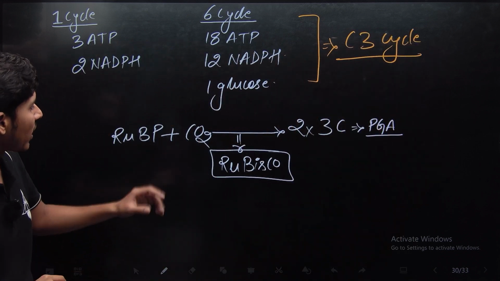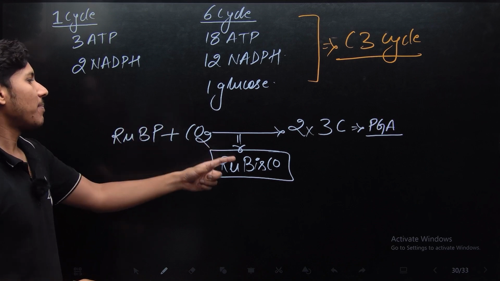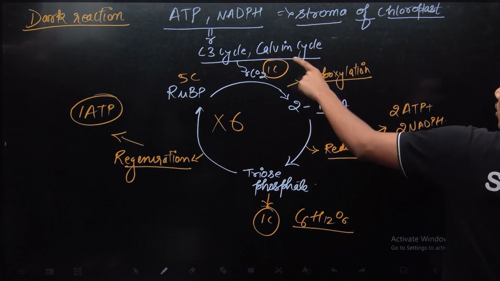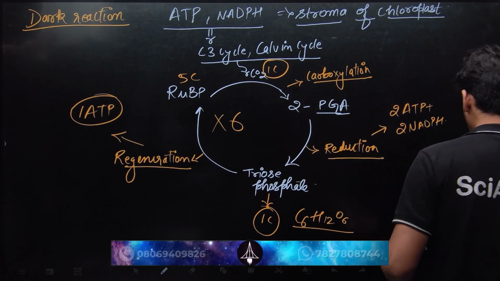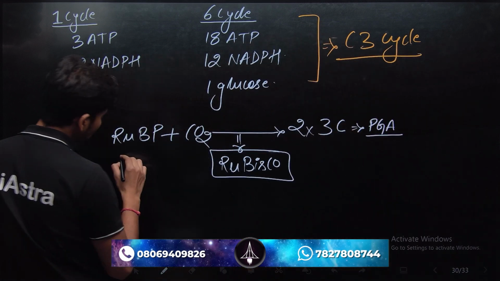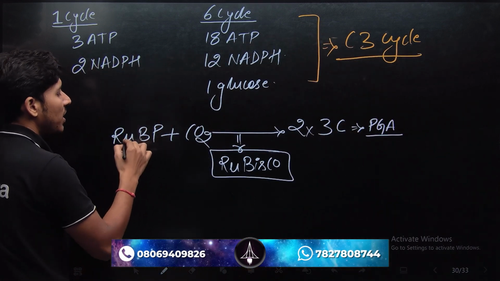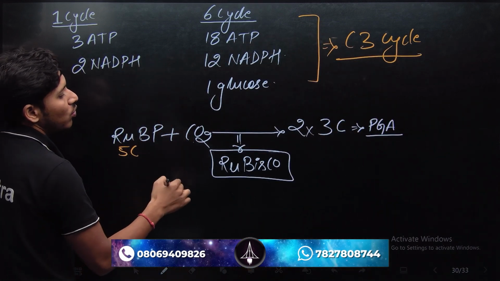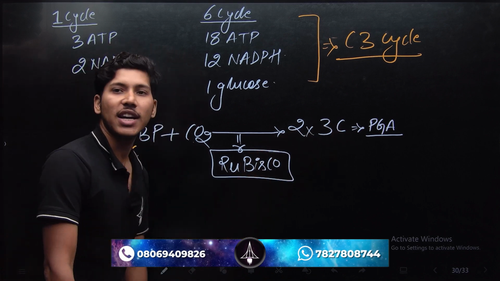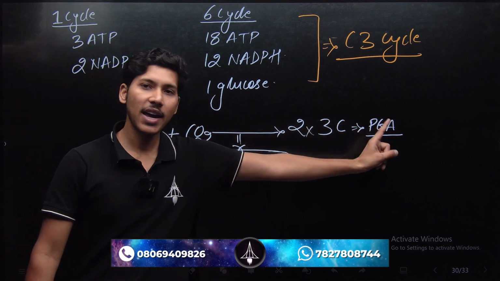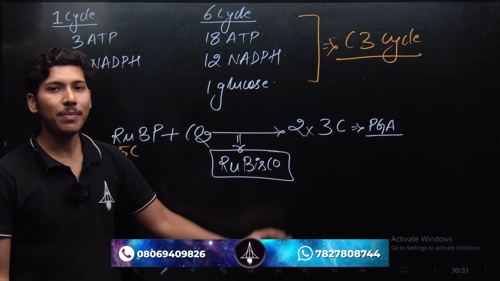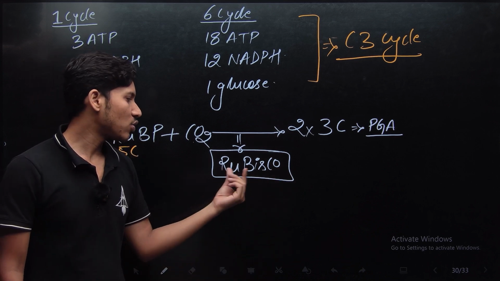Now the next thing. This step is the first step of your C3 cycle, which is the combination of a 5-carbon molecule, RuBP, ribulose bisphosphate, and CO2 to produce 2 3-carbon molecules, that is phosphoglyceric acid. This is an enzyme-catalyzed reaction which needs an enzyme known as Rubisco.